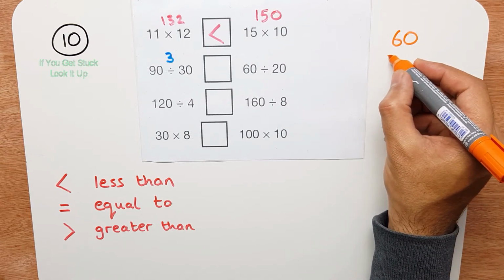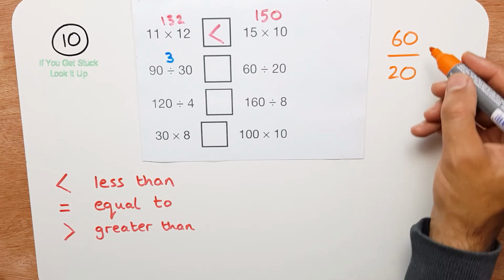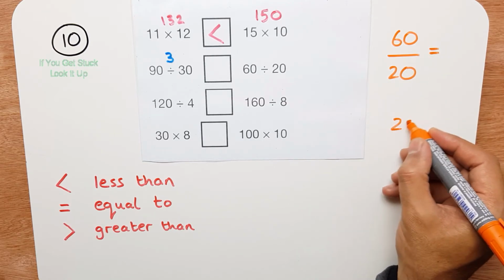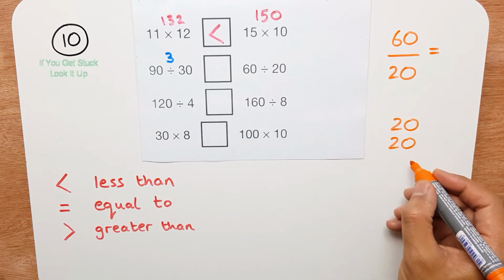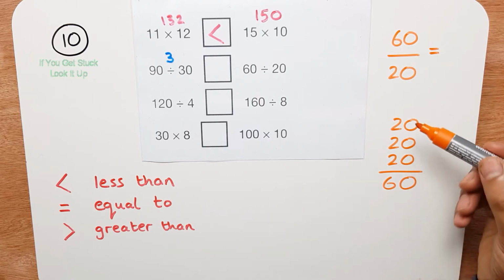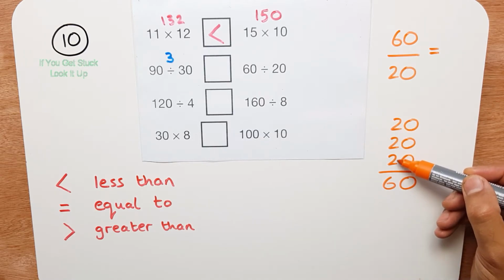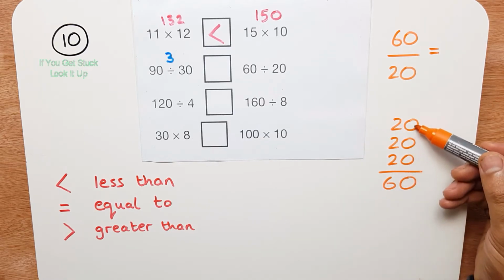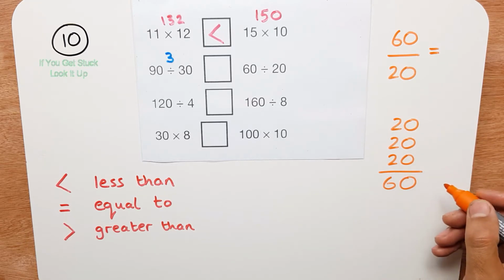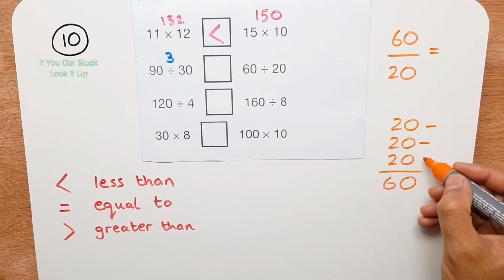60 divided by 20. How many 20s are there in 60? So 20 plus 20 is 40. Plus 20 more is 60. So I can do it that way. Again, 2, 4, 6. The 6 goes there. And then you just add a 0. So these are the shortcuts that you can use. So I've got 1, 2, 3.